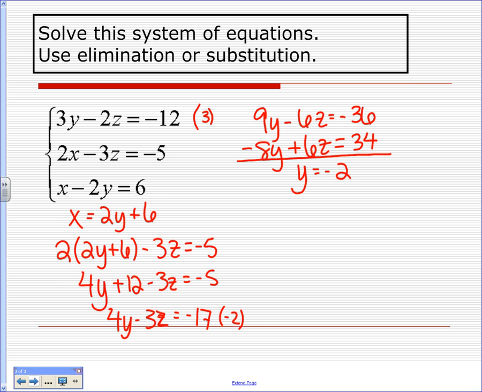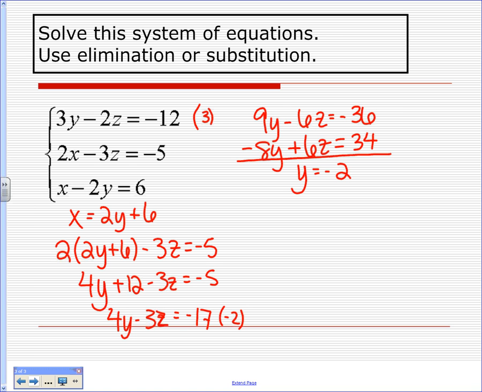I'm not saying that they're always going to be whole numbers, but if you get a fraction, I would suggest going back and making sure you didn't mess up somewhere. Did you solve for x and get 2y plus 6, and then plug it into the second equation?